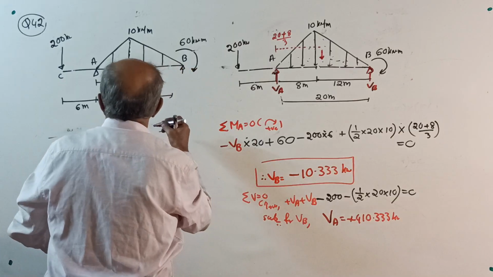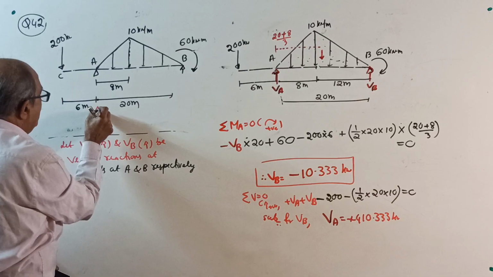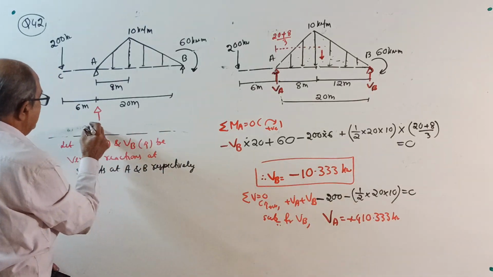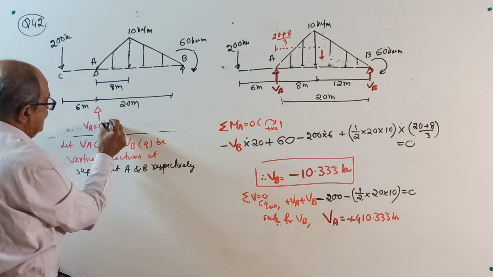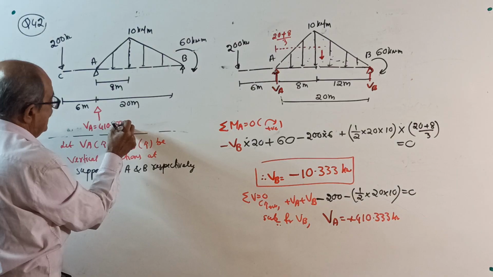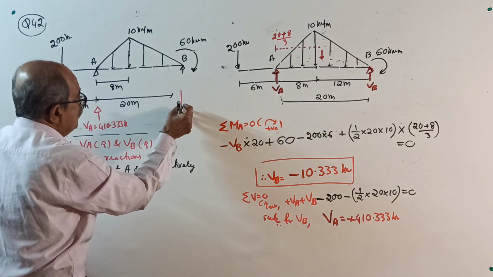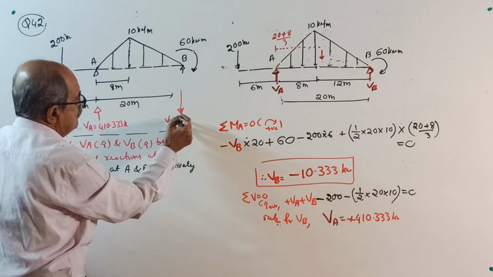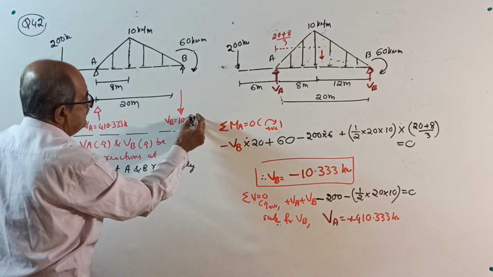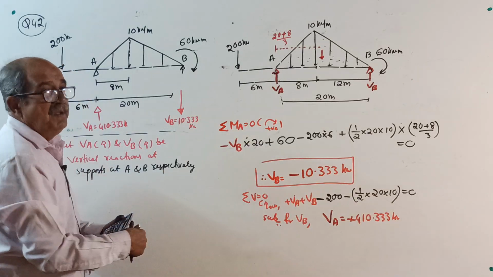Go back, write here VA upward 410.333 kilonewton, but your VB came with a negative sign, so it is downward, 10.333 kilonewton. Now make a note.